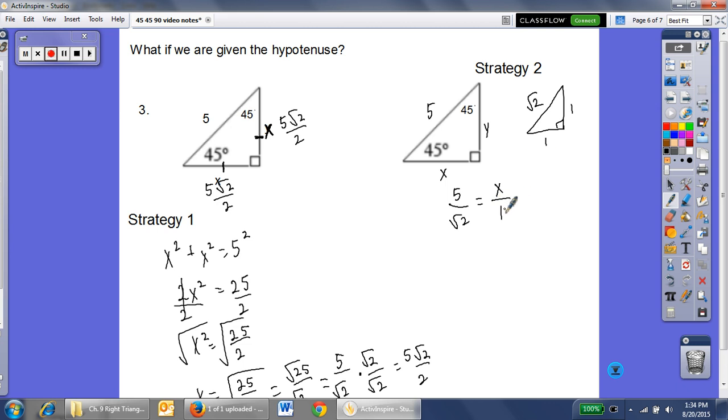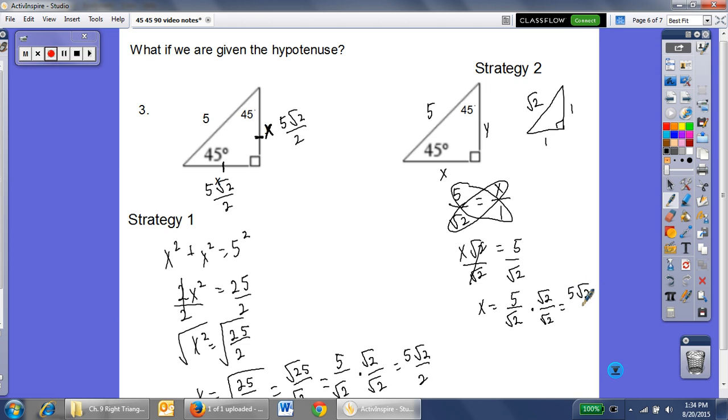So when we cross multiply, we get x square root 2 equals 5. And we can divide by square root 2 on both sides. And we get x equals 5 divided by the square root of 2. And we need to get rid of that square root of 2 on the bottom since it's not simplified.